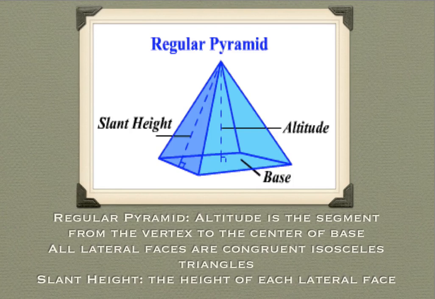The altitude is the segment from the vertex to the center of the base. So it's going to come from this vertex, and it's going to be perpendicular to the center of the base. All your lateral faces are congruent isosceles triangles, and the slant height is the height of each of these lateral faces.